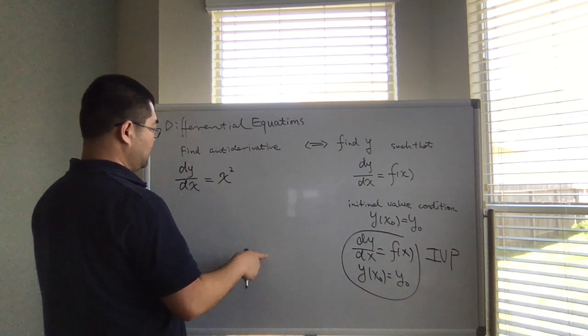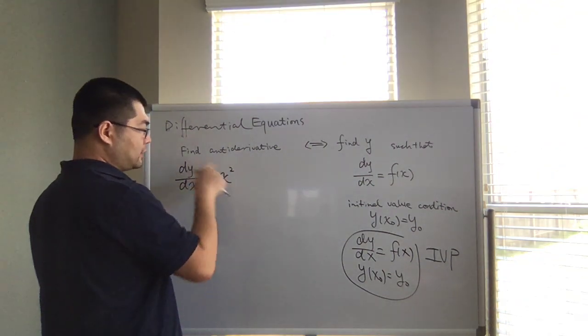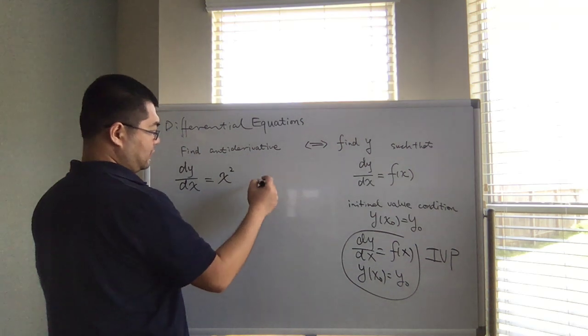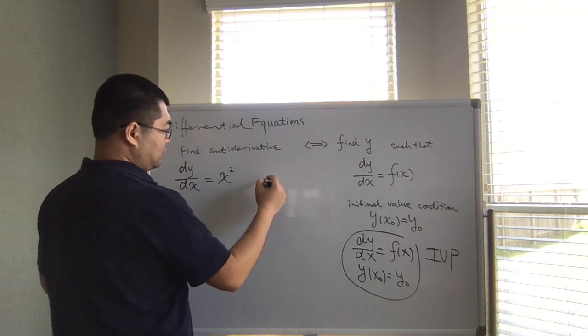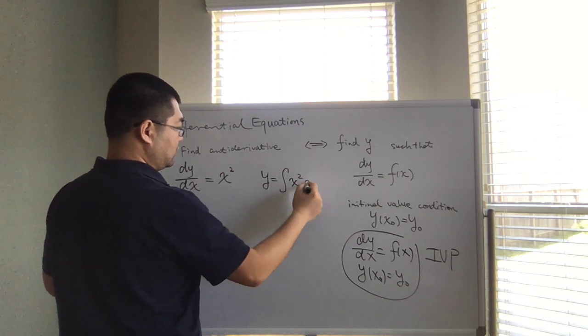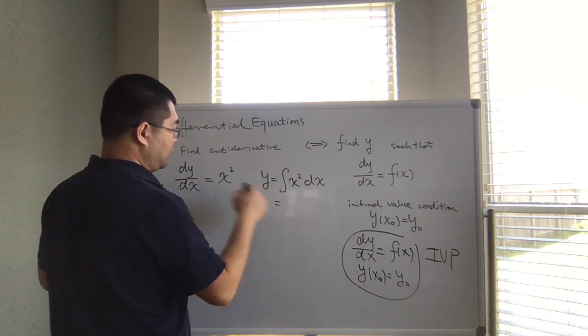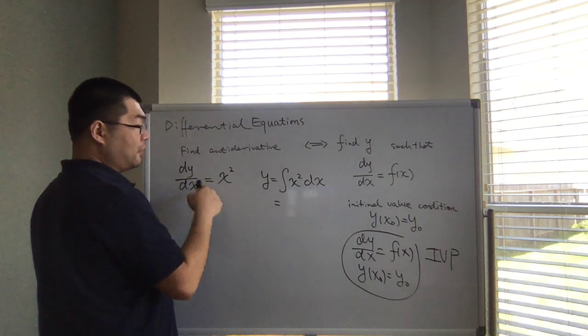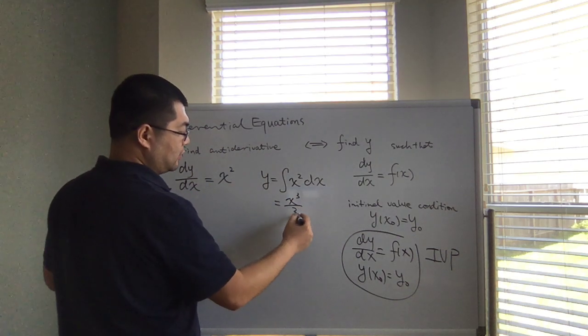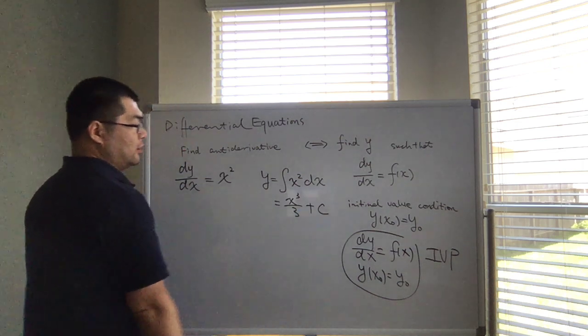And you are looking for how to solve this. Do you agree that to solve this differential equation is equivalent to trying to find an antiderivative of this function, so y actually equals x cubed over 3 plus c?